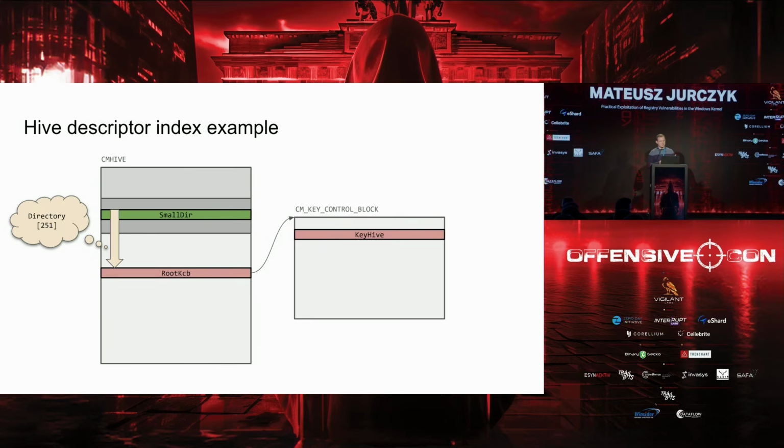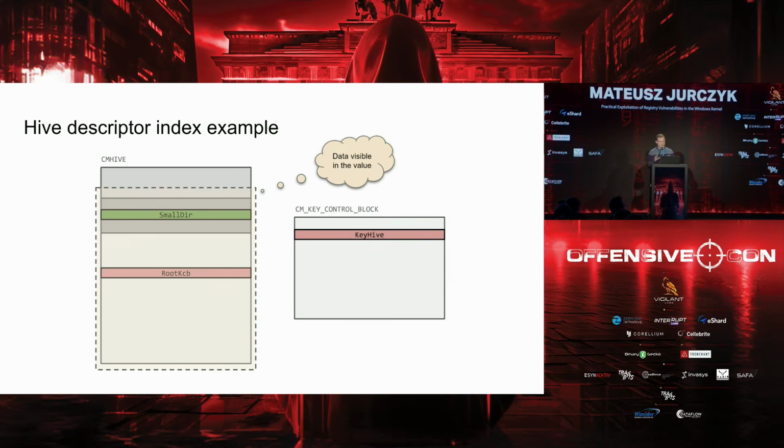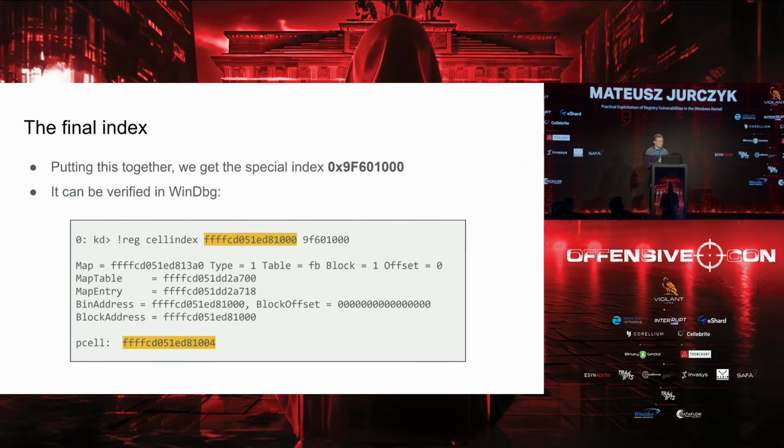In this case, let's assume that we choose the directory index of 251 to reach the root KCB member. From there, we use table index 1 to, again, use the KeyHive pointer that points back to the CM_HIVE structure. Then we can add the optional offset, and this part of the structure is what is then visible as the data of the value that we are crafting in the hive. So putting all of these numbers together, we get the special index of 9F61000.